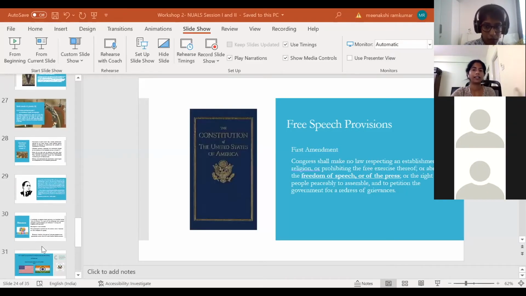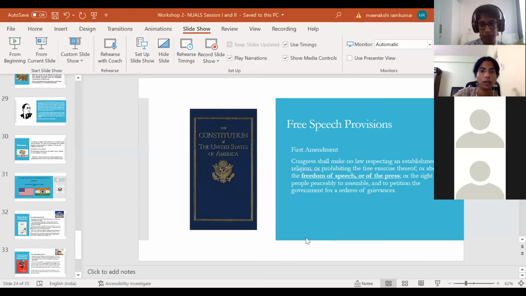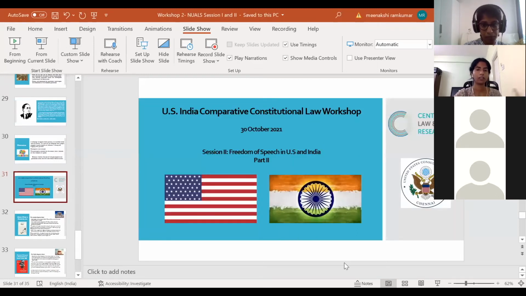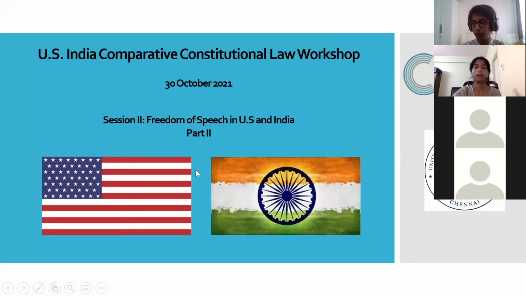For the second part of session 2, we're going to be looking at freedom of speech, but more particularly at case laws relating to obscenity and how the courts have viewed it, in relation to publications.